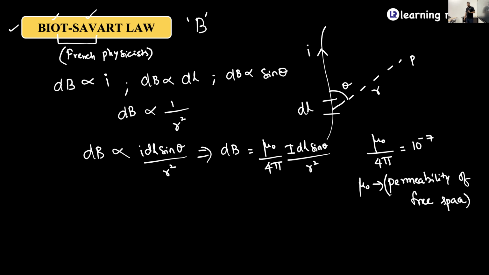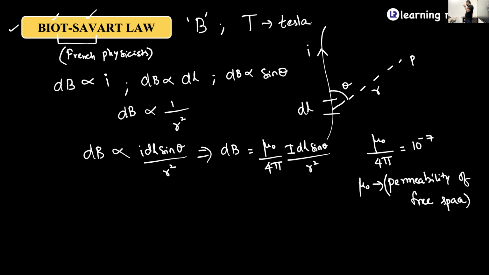Okay. Now I need to answer one question: what is the unit of this? Does it have a unit or does it not have? So we'll see. I told you that the symbol used for magnetic field is B, and the SI unit for magnetic field is going to be capital T, which is Tesla.